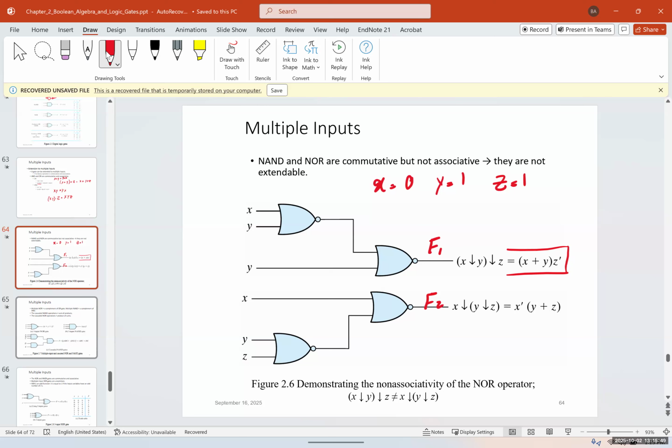And I want you to also solve it for X equal to 1, Y equal to 0, and Z equal to 0.